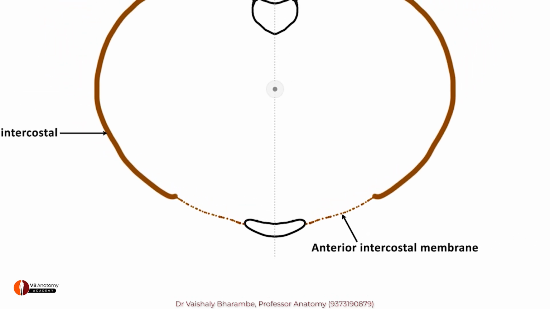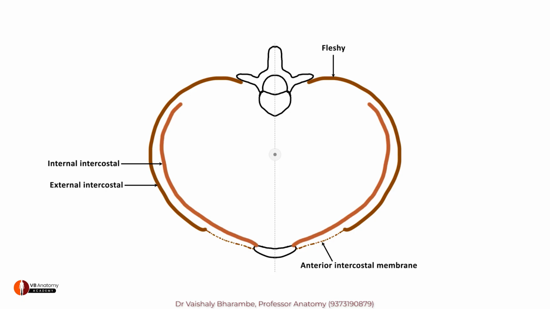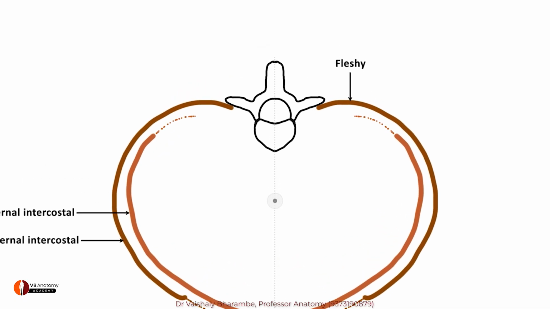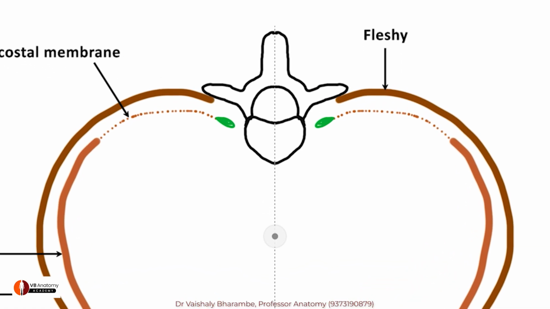Now a layer lying further medial to this would be the internal intercostal. As you recall, this is very fleshy anteriorly. Posteriorly, it becomes very membranous and fuses with the costotransverse ligament. So we're going to draw the costotransverse ligament in green.